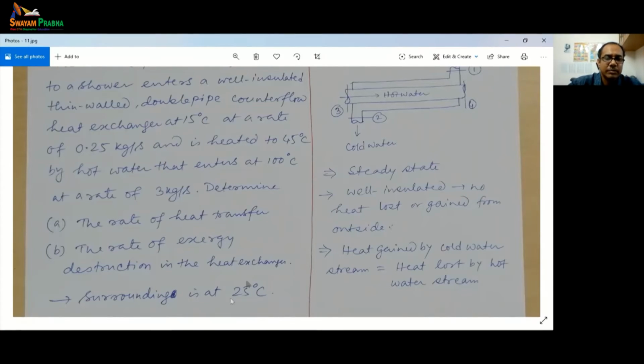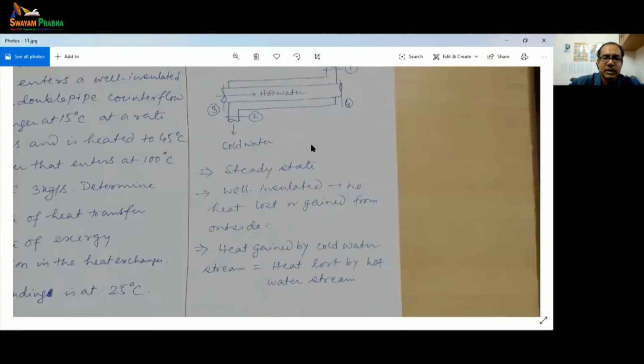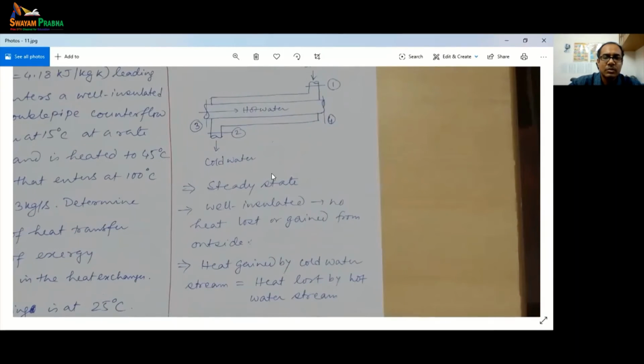Okay, and the surrounding temperature is given to be 25 degrees centigrade. So if we look at the problem, the first observation is that it's a steady state problem and well insulated. So that means no heat is lost or gained from outside.